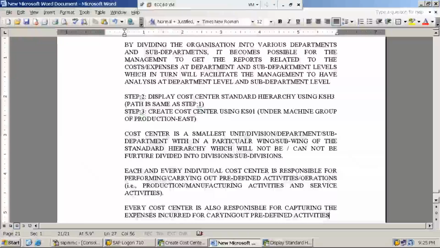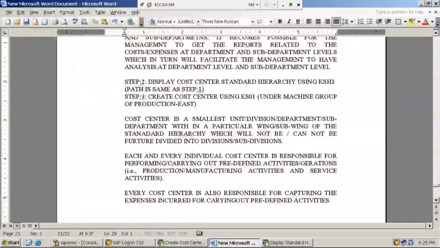Okay, right. So next, step number 3. Display cost center using KS03.